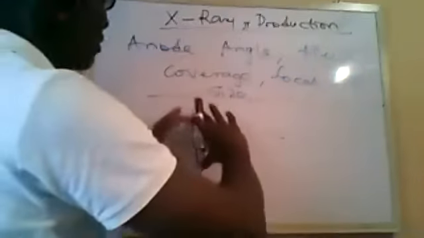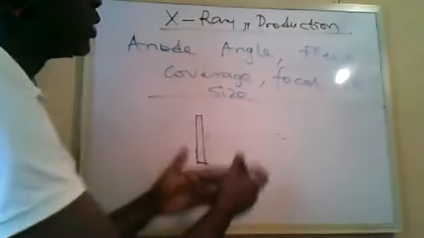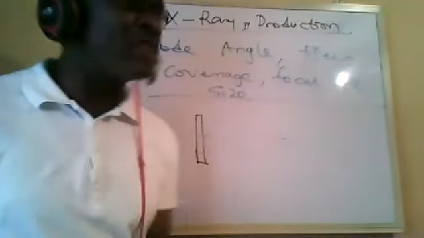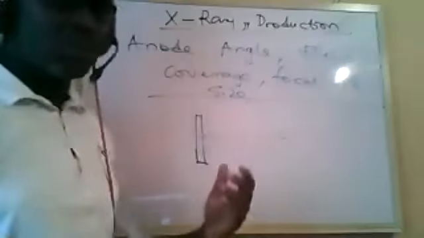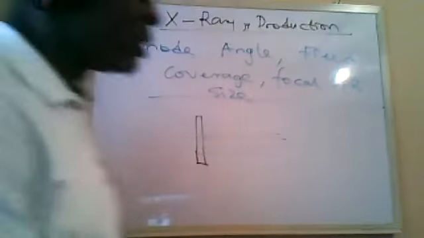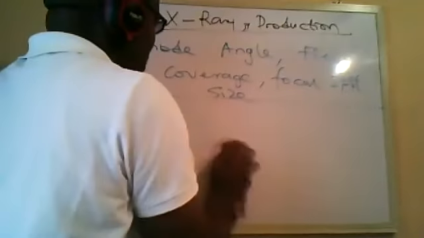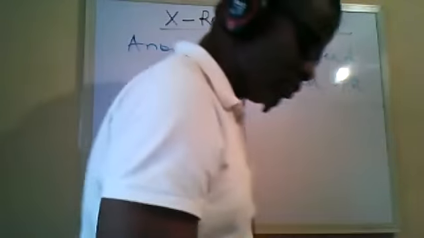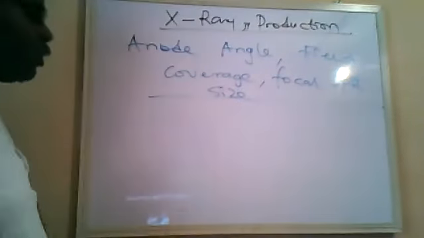We want a maximal amount of this anode used, that is, a larger surface area of the anode to be used, such that it will help in the heat dissipation. So because of that, there is a purposeful introduction of an anode angle.